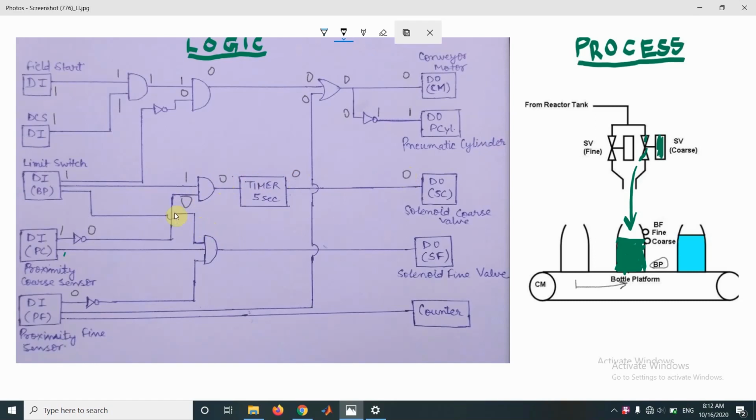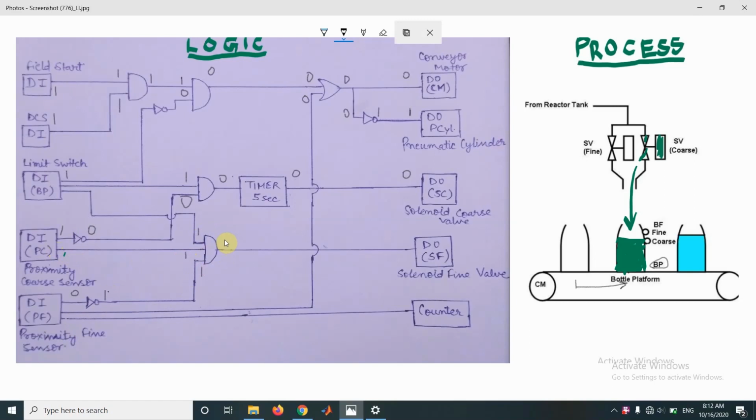At the same time, this input from the limit switch would be 1. This input from the proximity coarse sensor would also be 1. And due to this NOT gate, this input from the proximity fine sensor would also be 1.